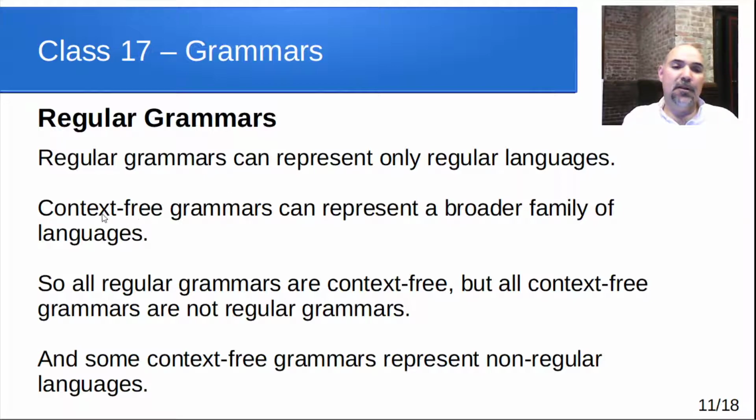But if I go to a context-free grammar and allow the right-hand side to have more than just a single variable with terminals either at the front or the end of that variable, then if we relax that, context-free grammars can represent languages that we cannot make with DFAs, NFAs, regular expressions, or regular grammars.